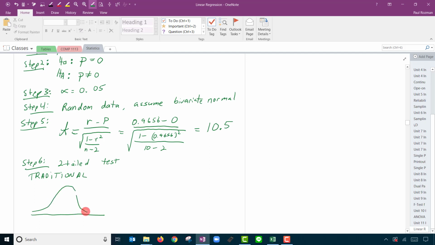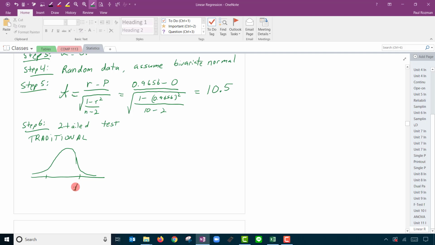In a two-tailed test, we'll take our alpha and split it in half, and we'll determine the cutoffs. So we'll have our T alpha over 2. I know we're going to be nowhere near these cutoffs. In our case, alpha was 0.05. So it's 0.025.